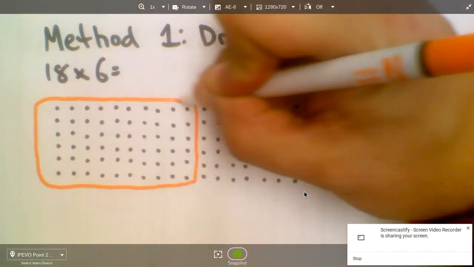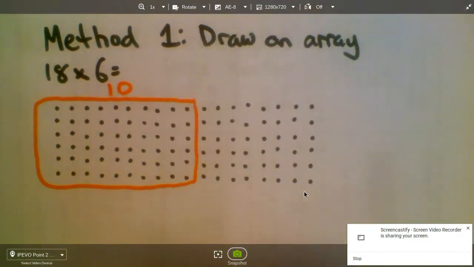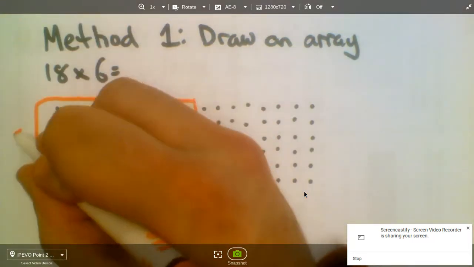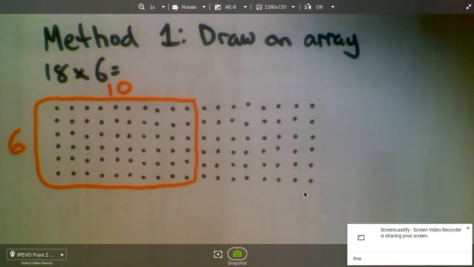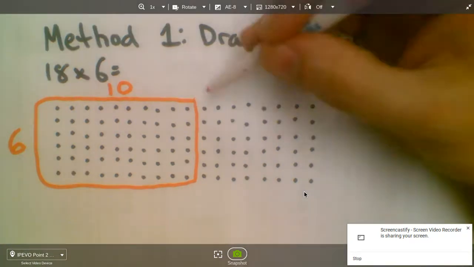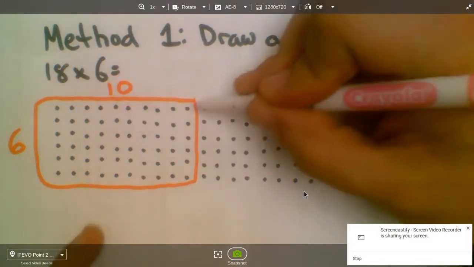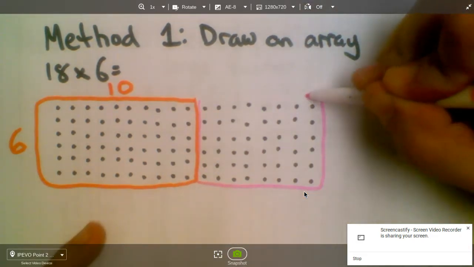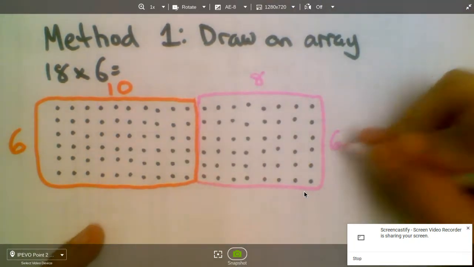So we know that this part right here that I'm dividing up, that's 10 columns, each with 6 rows. So that's a 10 by 6 portion. And that leaves for me, if I counted this correctly, 8. Great. So right over here on this side, I've got 8 by 6.